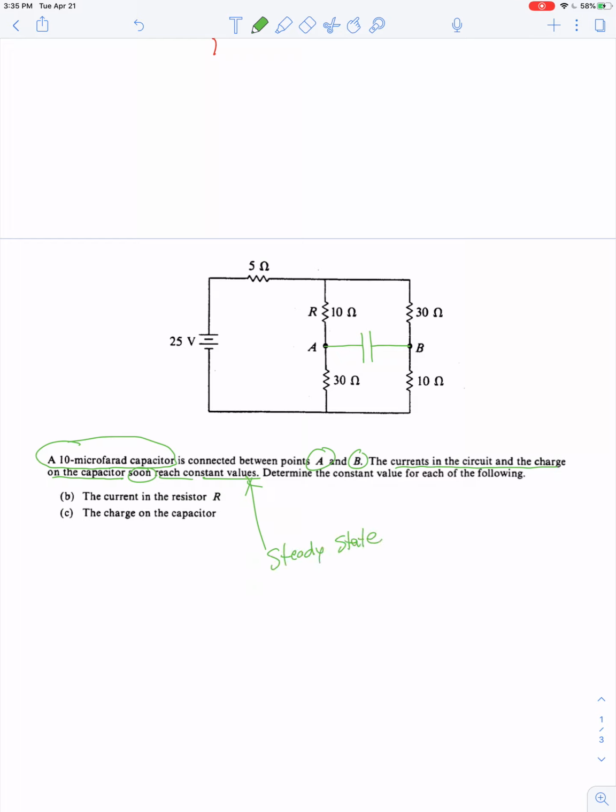So initially, when that capacitor is first introduced to the circuit, it offers 0 resistance to the flow of electricity. And so the current that comes to this junction then reaches yet another junction, and all bets are off on the amounts of current that are flowing here and here.